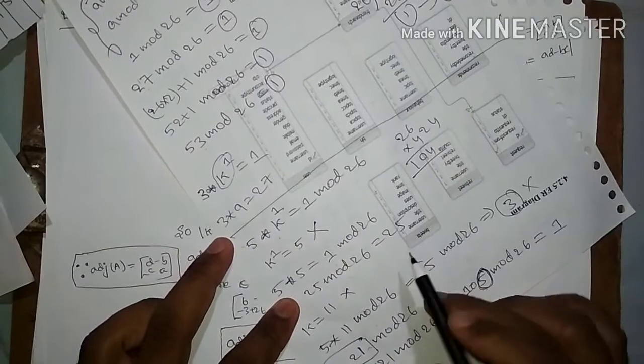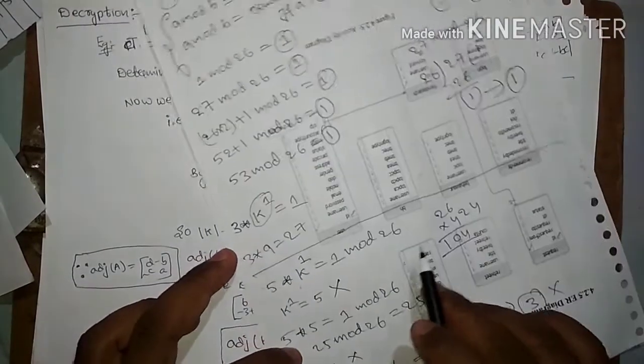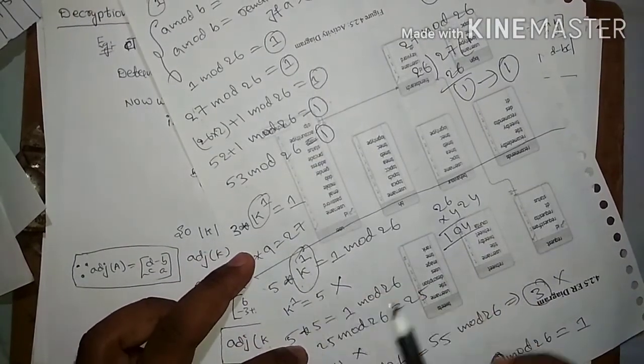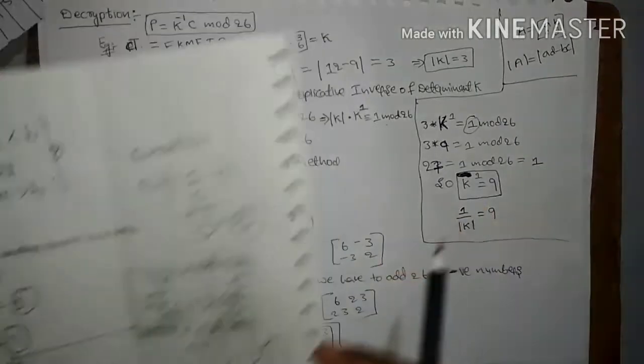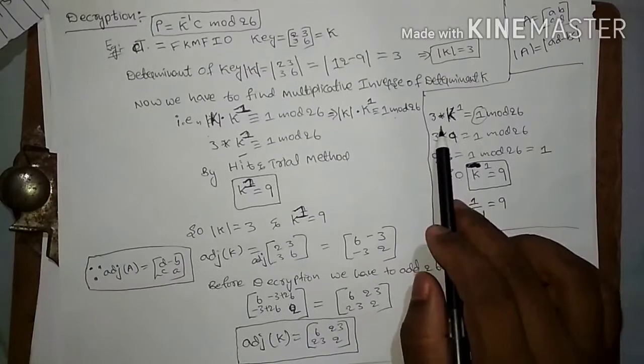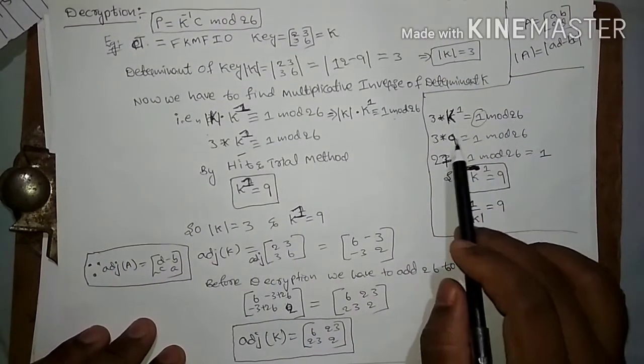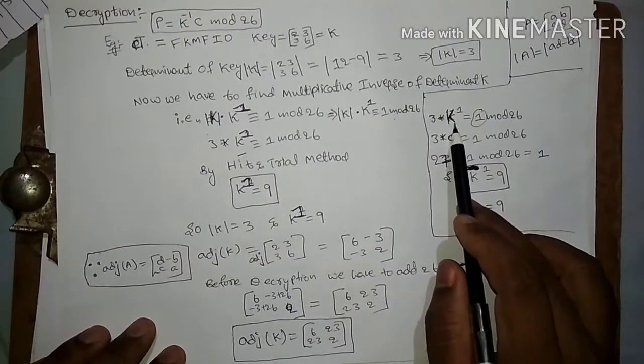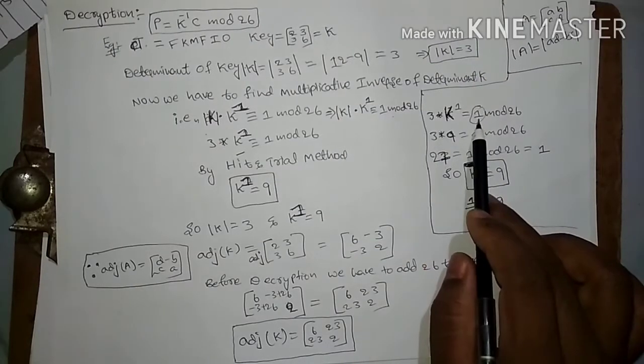So we have to use this hit and trial method for finding k dash. But here the equation is 3 into k dash is equal to 1 mod 26. So we have to get 26 plus 1, or 52 plus 1, like that, to get the remainder 1.